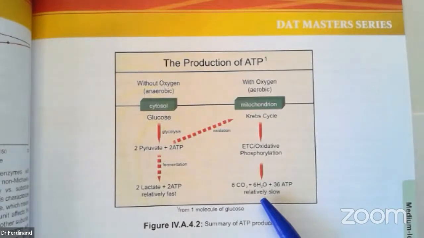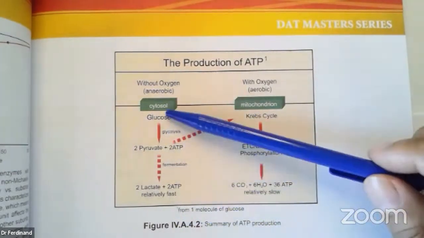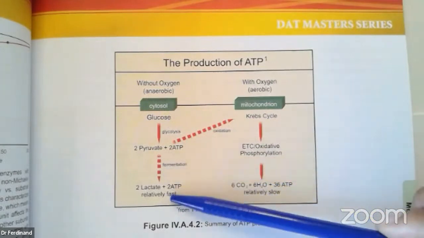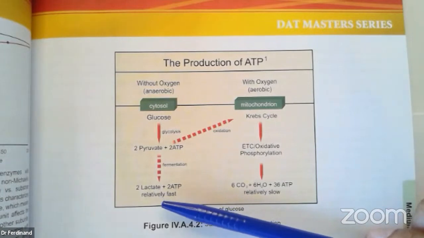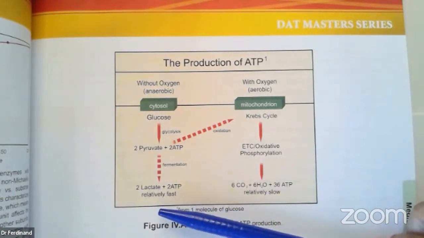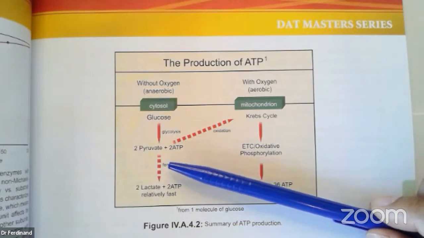So, I'm not quite sure at which point it became unclear, but I just went through the various answer choices to show that answer choice A, producing pyruvic acid as an end product, is incorrect. It's producing lactic acid or lactate as an end product, and pyruvate or pyruvic acid is just an intermediate.